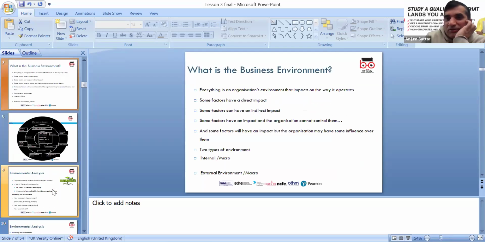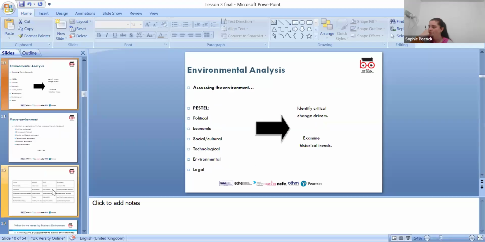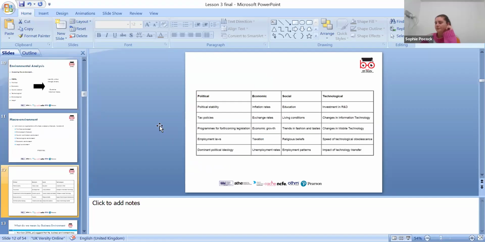So when we say business environment, it can be internal versus external. When we look at the business environment, we have political environment, social environment. These are all the variables. P is political: what comes under political is stability in the country.